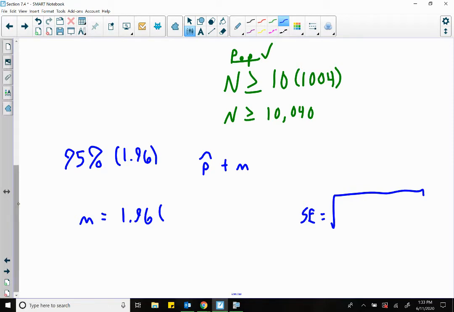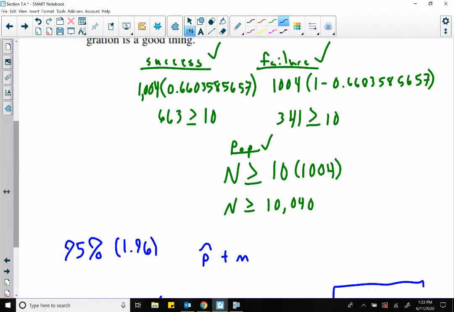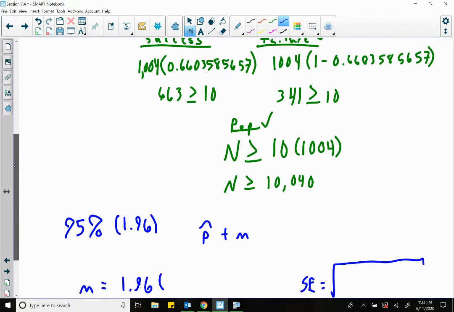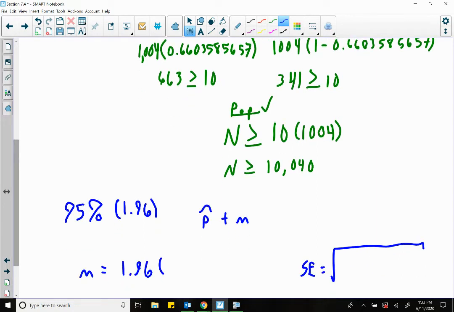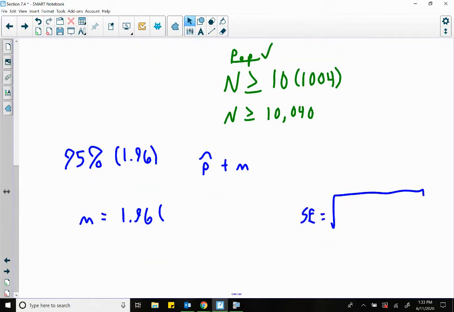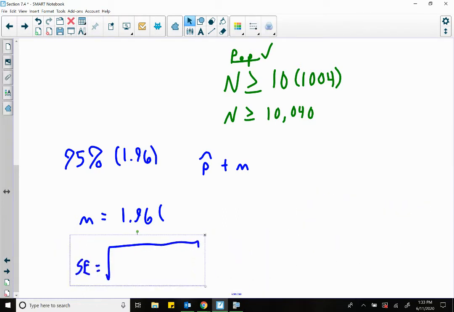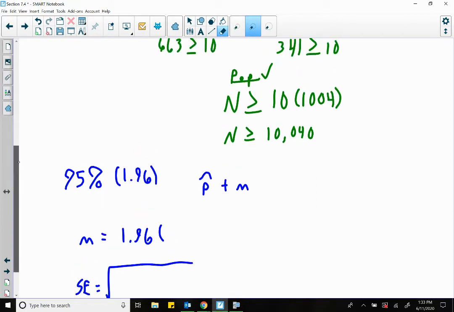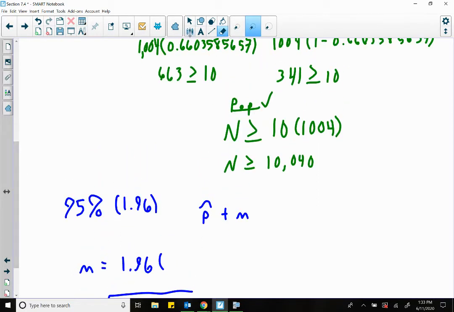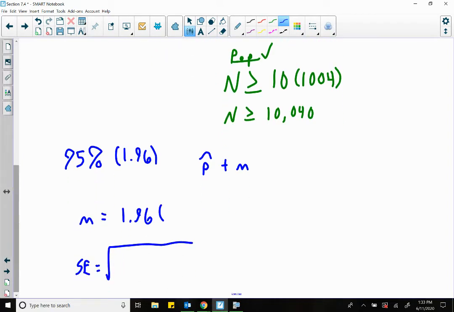Remember the standard error is found by taking our p hat, and I'm going to put this down below because I like to keep this as accurate as possible. The more you can be accurate without rounding, the better off you're going to be. Again, this is why we do this in the calculator, because the calculator will do all this for us. But I want to show you how this works.